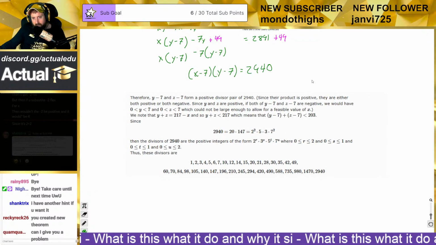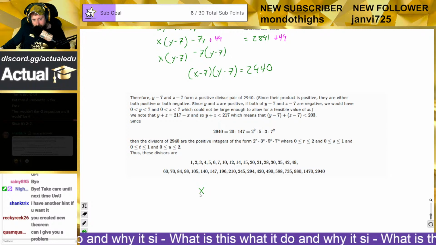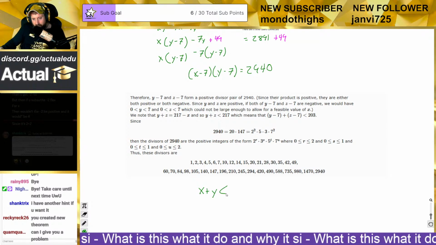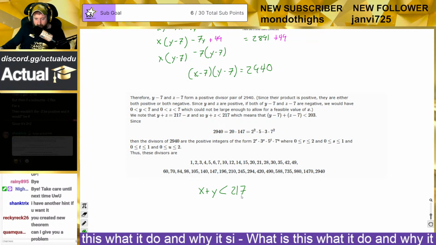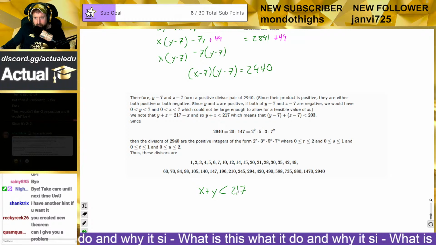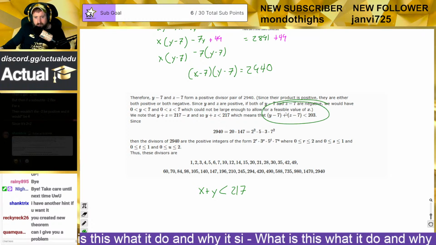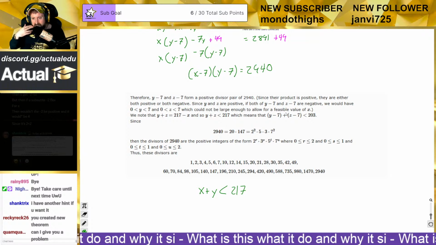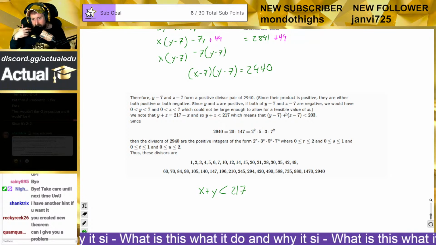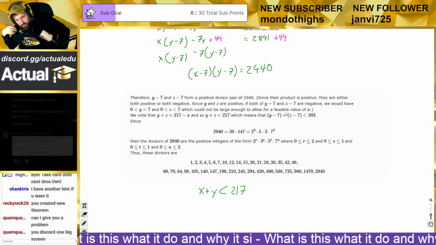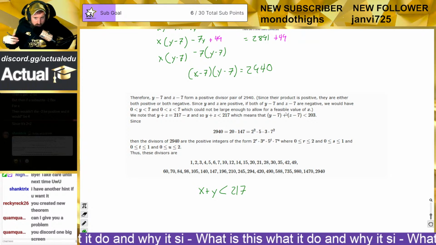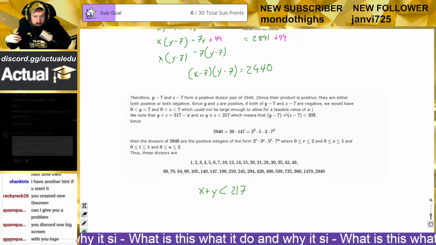Well, I have X plus Y. X plus Y must be less than 217. Cool, I agree with that. And then these added to each other must be less than 203 since 2940.